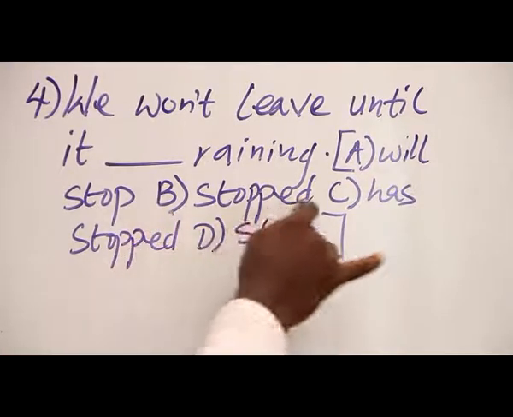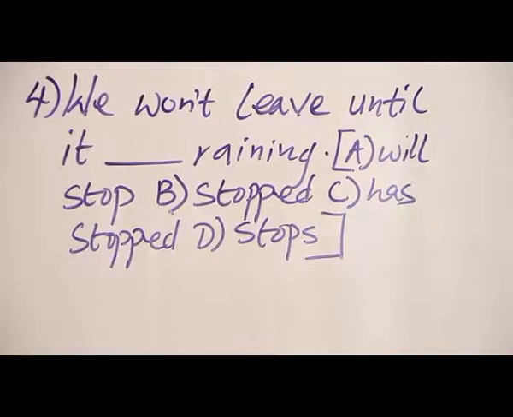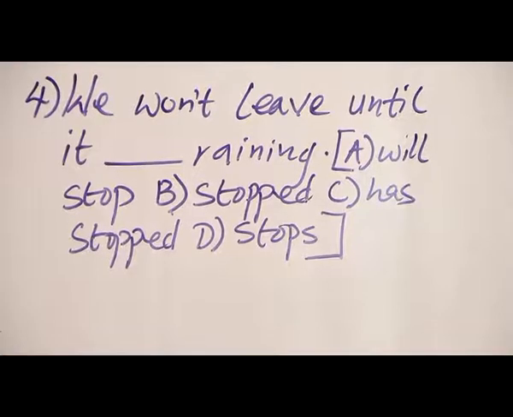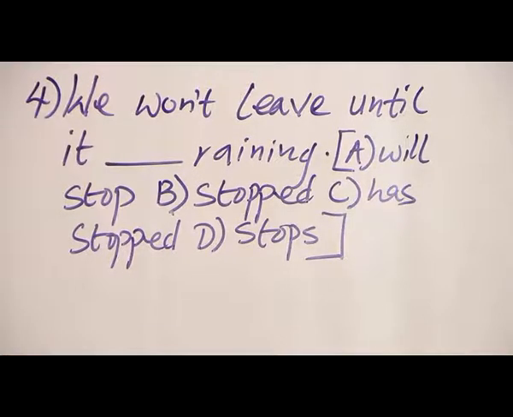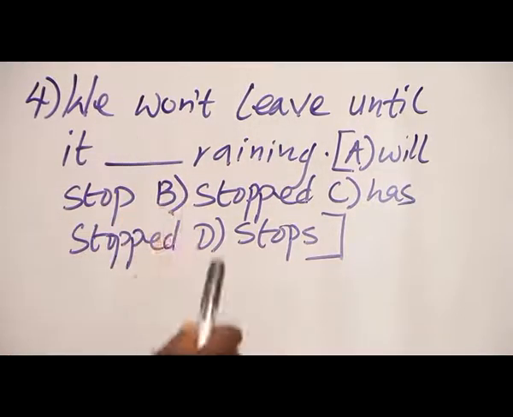So we can therefore eliminate stopped, which is past tense. We will now be left with A, C, and D. A is simple future tense, C is present perfect tense, D is simple present tense. Which of them should be our answer? Let's come to A. We won't leave until it will stop raining.